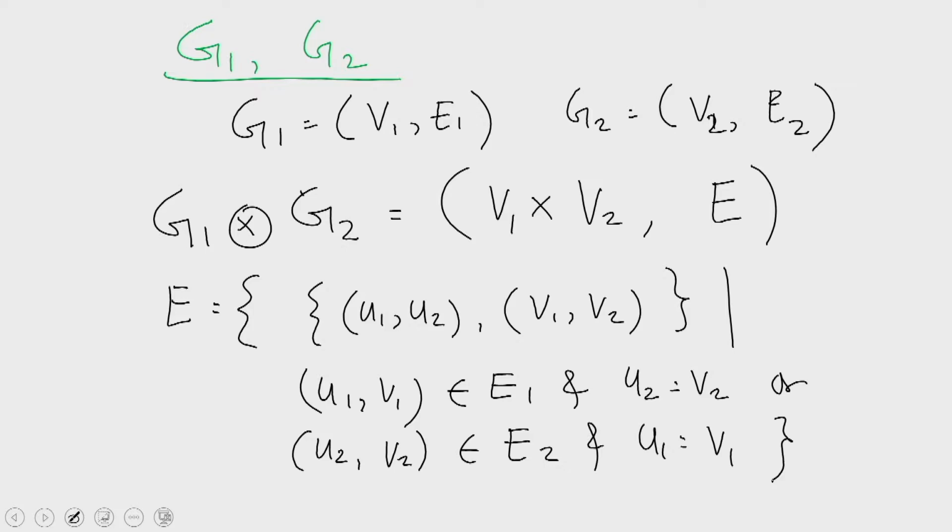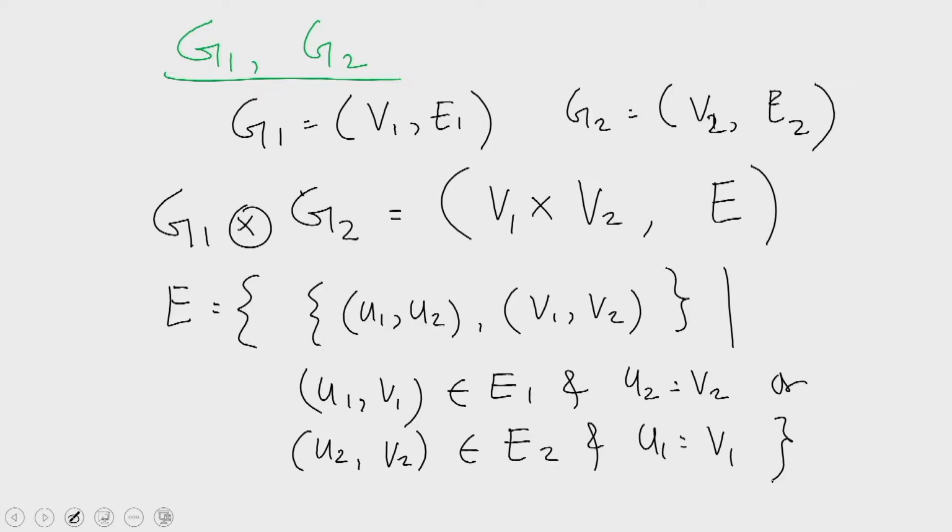The vertices of G1 cross G2 is the cross product of the two vertex sets V1 and V2, and then the edge sets are defined like this. From ordered pair (U1, U2) to ordered pair (V1, V2), we will have an edge if and only if either U1 is equal to V1 and U2 V2 is an edge of E2, the second graph, or U2 is equal to V2 and U1 V1 is an edge of the first graph.